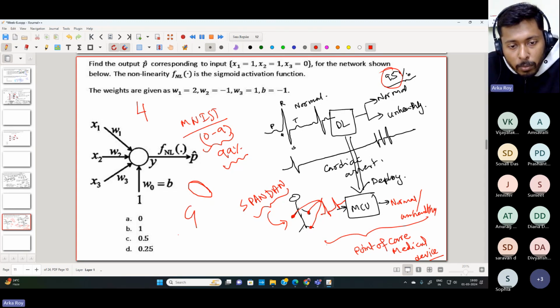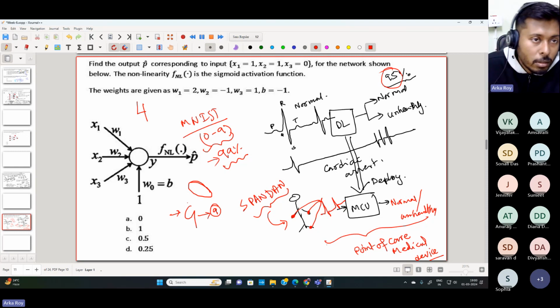The model may be confused between 4 and 9. Even though the model is giving 99% accuracy, at test time, if I generate an image like this, it may so happen that your model predicts it as 9, but I am writing it as a 4. So there is still some room for misclassification.